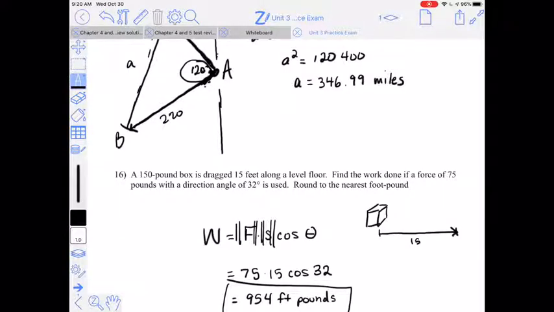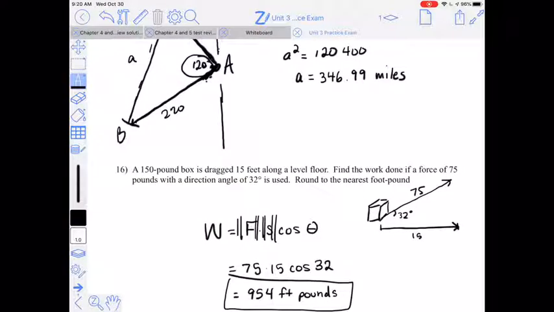But a force of 75 pounds is being applied at an angle of 32 degrees to the displacement vector. So the magnitude of the force is 75 pounds. The magnitude of the displacement vector is 15. The angle between them is 32, so 75 times 15 times the cosine of 32 is 954 foot-pounds.